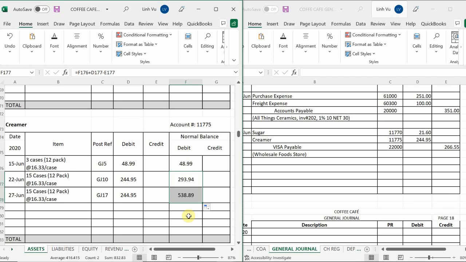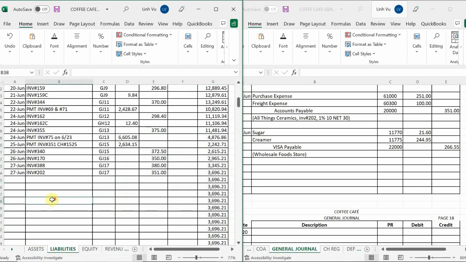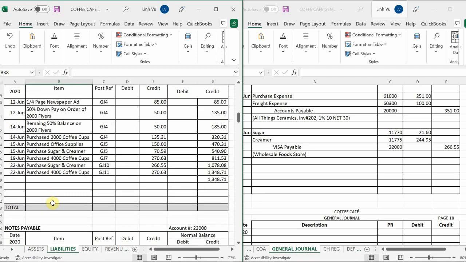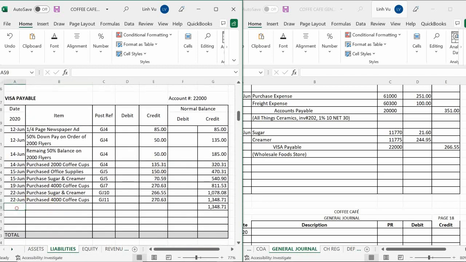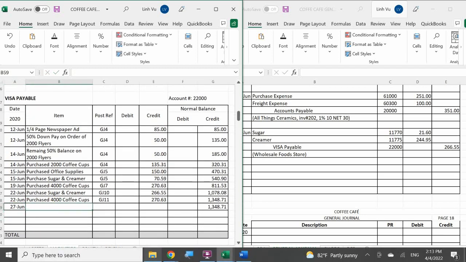Then we got to go to our Visa payable because we charged our credit card. So we owe more to our credit card. Purchase sugar and creamer for a total of $266.55.